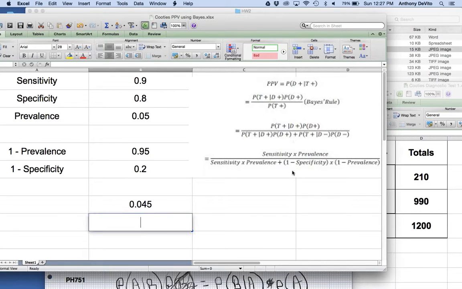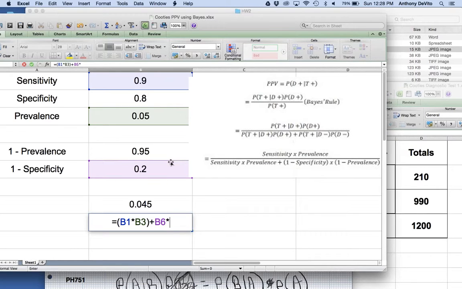So the bottom is going to be the total number of people that test positive. And what's that equal to? That's equal to the sensitivity times the prevalence, the same thing I had here, the sensitivity times the prevalence. I'm going to put that in parentheses, and that's going to be added to 1 minus the specificity, times 1 minus the prevalence.